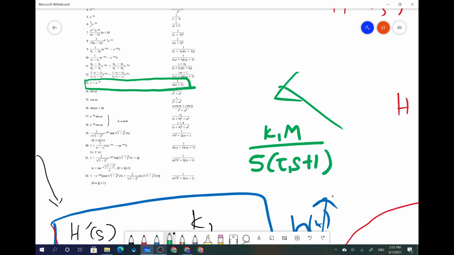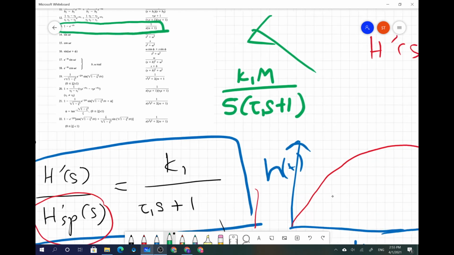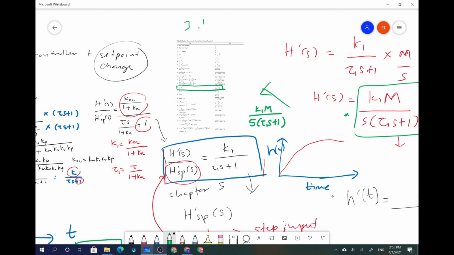So it is equal to number 13, and straight away you get the t domain for this Laplace. Let us zoom out again.